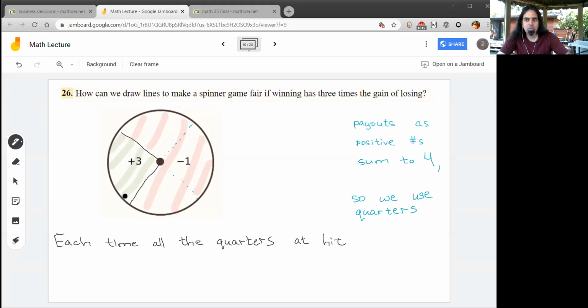The same number of times in each one. And we'd get +3 one time, and the -1 3 times. So we'd get 0 overall, and that's fair.